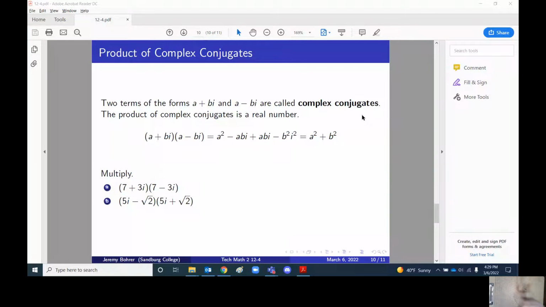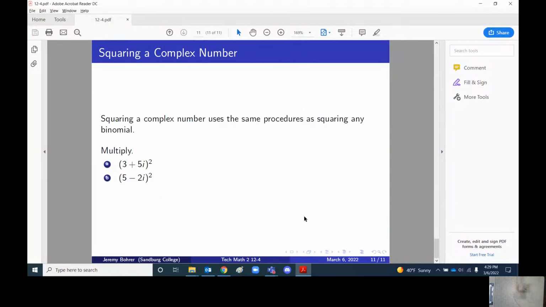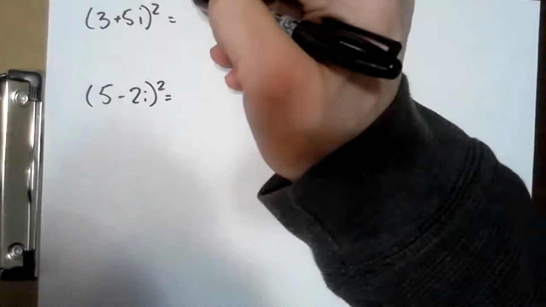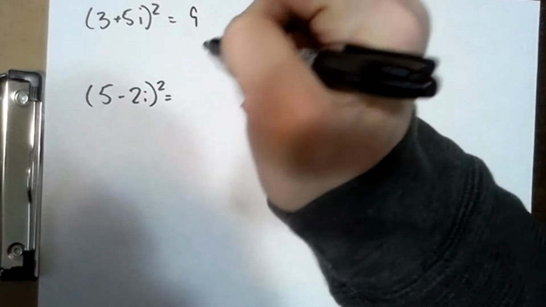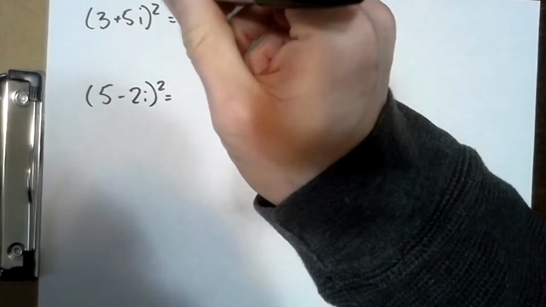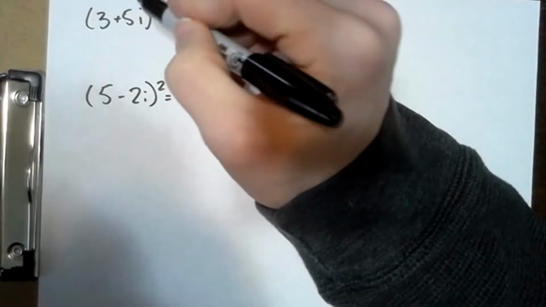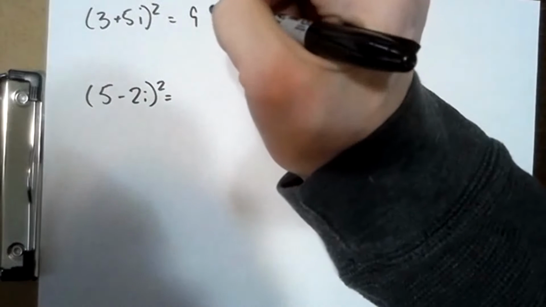For our last set of problems, we're asked to square these complex numbers. We can do this using the same procedures as squaring any binomial. So to square 3 plus 5i, we square the first term. That gives us a 9. We take 2 times the product of these terms.